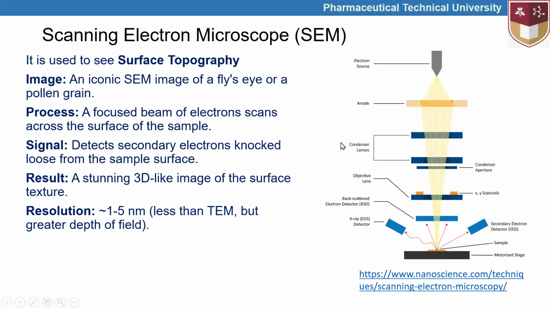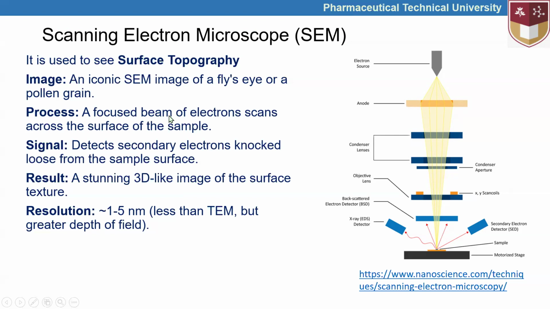And this is about scanning electron microscopy. The scanning microscopy mechanism is also quite complex, and it develops a kind of 3D structure, let's say. It is used to see surface topography, and here is an iconic scanning electron microscopy image of a fly's eye or pollen grain.